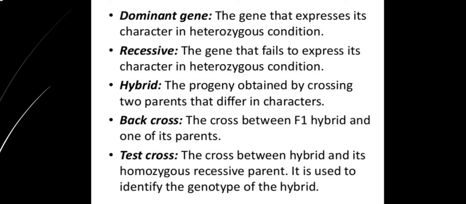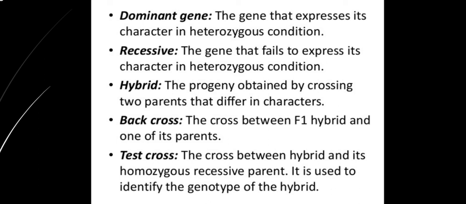And we have test cross and back cross in order to understand whether a progeny which is obtained is either homozygous or heterozygous. So the cross between an F1 hybrid, F1 means first filial generation. So when the two parents are crossed, the generation which is obtained in the first generation is called a first filial generation or F1 generation. So the cross between that F1 hybrid with any one of its parents is called a back cross. And test cross means the cross between a hybrid and the homozygous recessive parent.